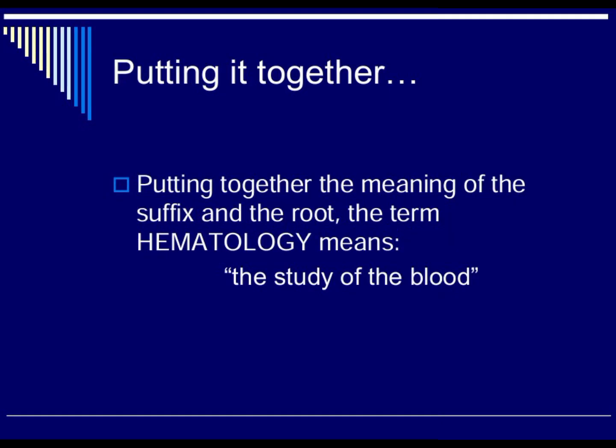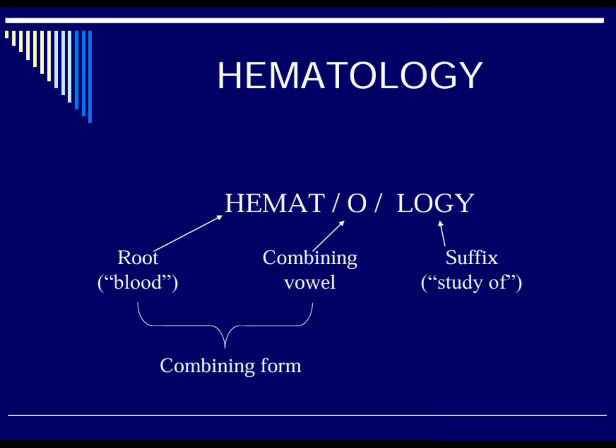Now putting it all together will give you the meaning of the suffix and the root. The term hematology means the study of blood. Hemat is the root, meaning blood. O is the combining vowel. Logy is the suffix, which means study of. So the study of blood is called hematology.